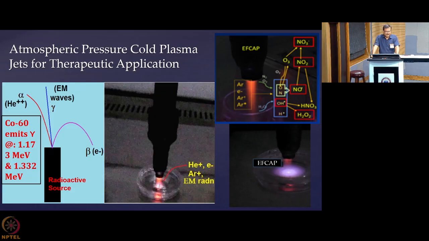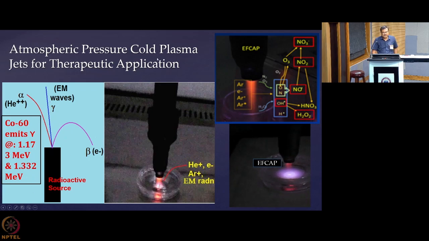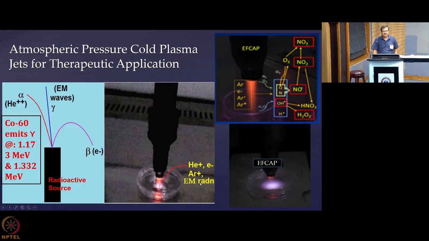As I told you in the previous slide, it is the oxidative and nitrosative stresses through which these devices basically work in biomedical applications. Now, when this atmospheric plasma device, called a CAP device, interacts with the air, apart from the species it generates, that is helium, argon, and electrons, it can generate many other species.